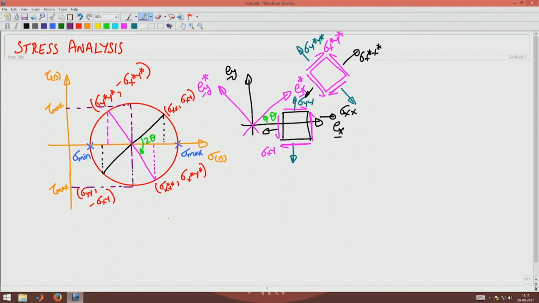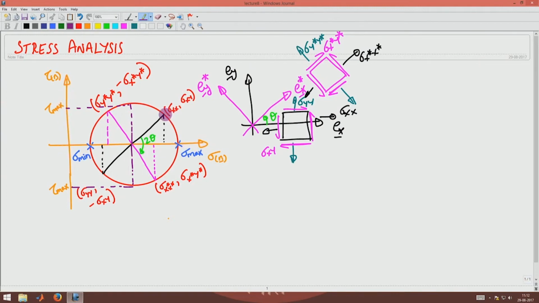We saw that the given stress state in xy can be represented through a circle, which can represent the state of stress that will come about from that stress state as coordinates of a circle. Basically you draw on the x axis the sigma xx and on the y axis you draw the shear stress.